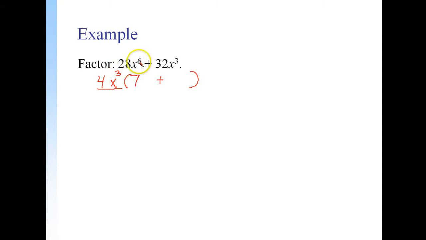And then I've taken out x to the third, so what I have left there is x to the third. Now, 4 times what is 32? 8. And I've taken out the x to the third already. So how do you check these? Well, you just distribute again as your check, and it does check.